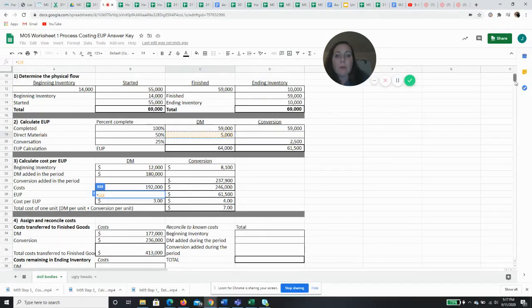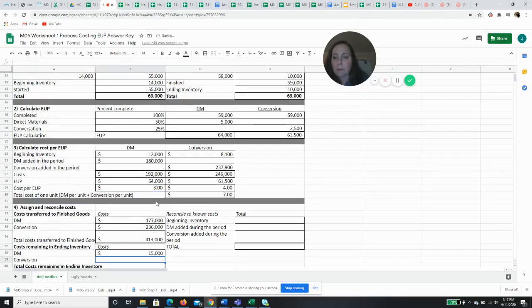So I'm going to multiply that 5,000 by my cost per EUP that we calculated in step 3 of $3 per unit. And that's going to give me a direct materials cost in my WIP ending inventory of $15,000.